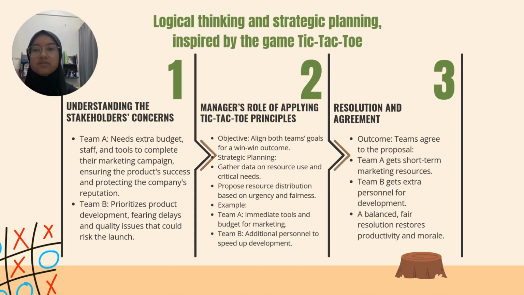The second step is that it is the manager's role to apply the tic-tac-toe principle to solving the problem. First, the manager needs to ensure that both teams get a win-win outcome that meets their own goals. For example, by using strategic planning, the manager will gather the data on the resources that have been used and also the critical needs for both teams.